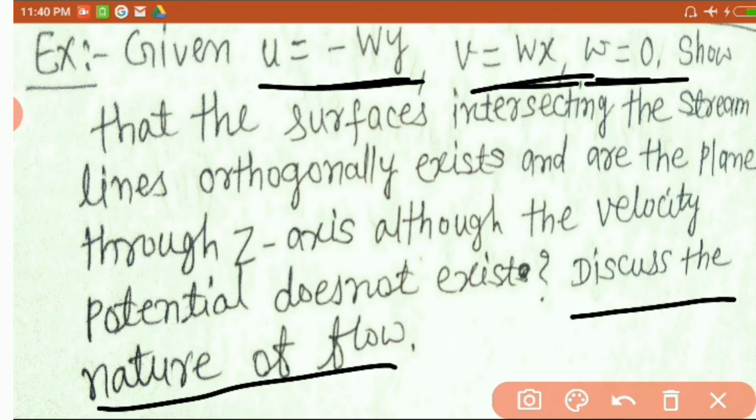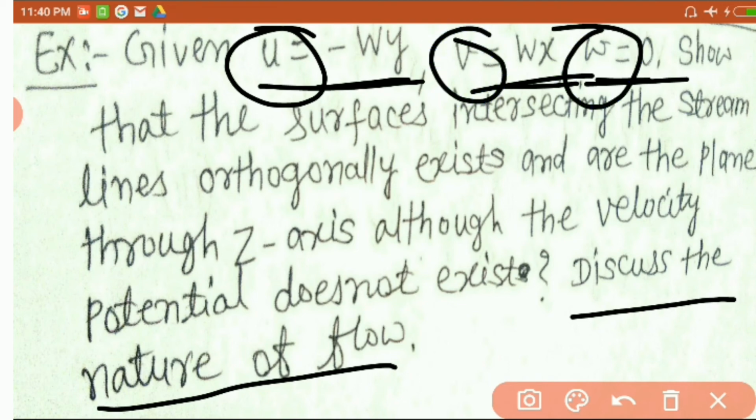So we find the derivative of u with respect to x, the derivative of v with respect to y, and the derivative of w with respect to z. The derivative of minus wy with respect to x is 0. The derivative of wx with respect to y is 0.